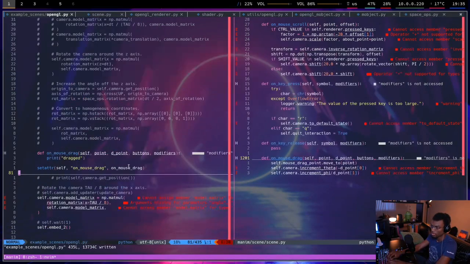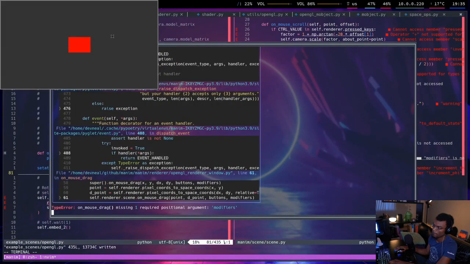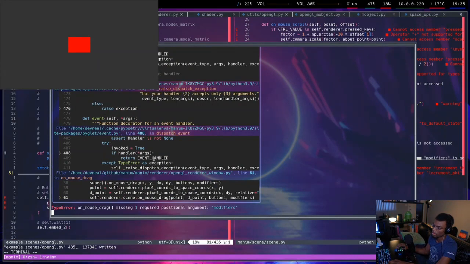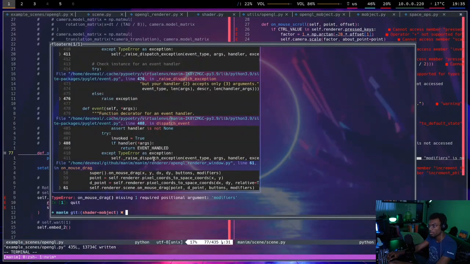And nothing happened. Which would actually... Oh, I didn't drag. Well, I think it worked. Missing one required positional argument. Drag point what? How would this be missing one positional argument?